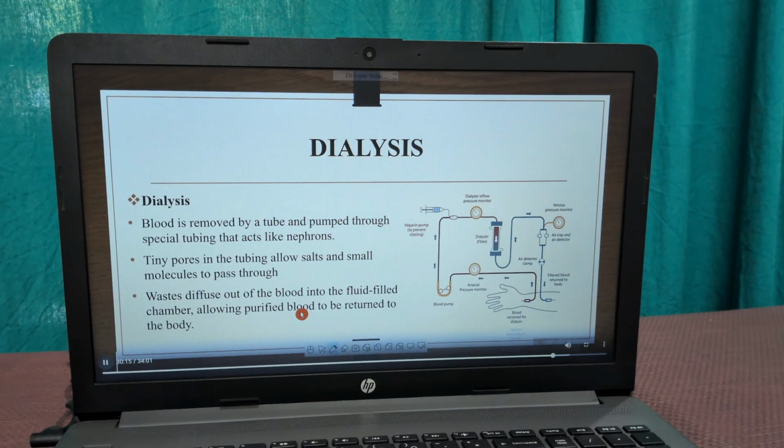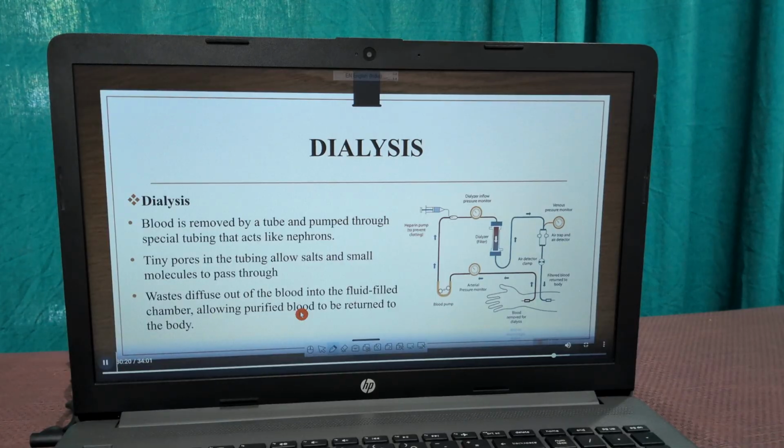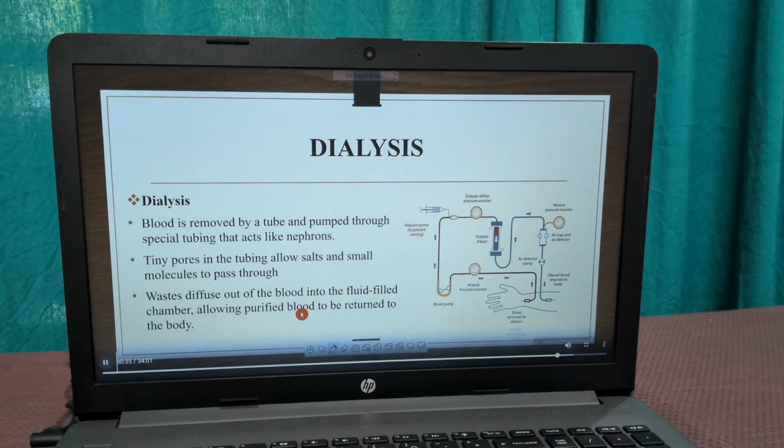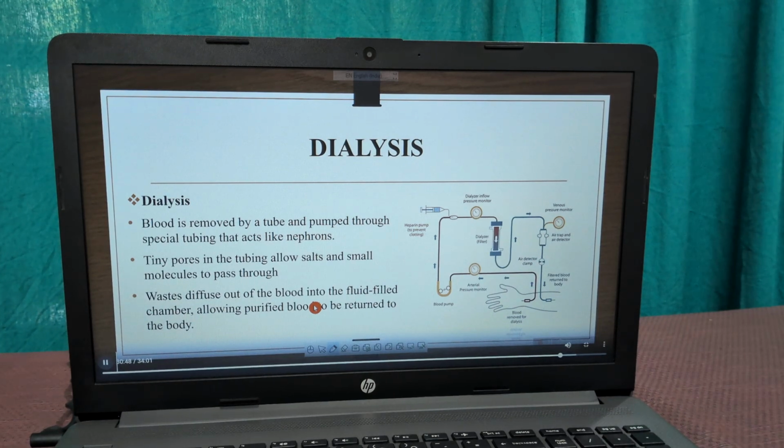Alright, so there are two main types of dialysis. The first one is hemodialysis and the second one is peritoneal dialysis. Hemodialysis is the most common type of dialysis. In this procedure, a tube is attached to the arm, blood passes along the tube and is collected into an external machine which filters it, and then it is connected to another arm, and the blood is received again in that arm.